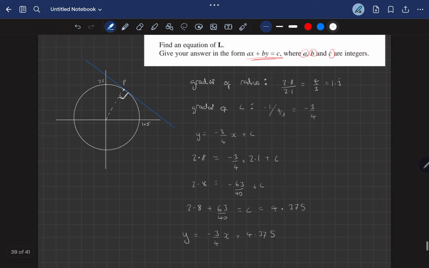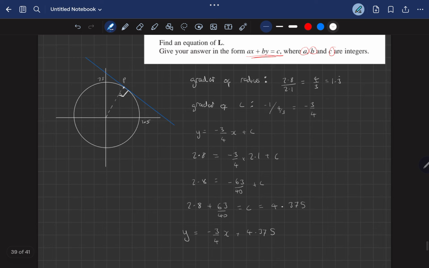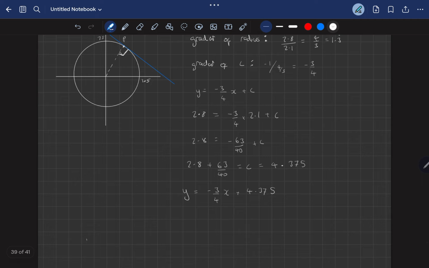Now we want all our coefficients to be integers. So I'm just going to times everything by 4. So you have 4y is equal to -3x. And if I times this by 4, you get 17.5.